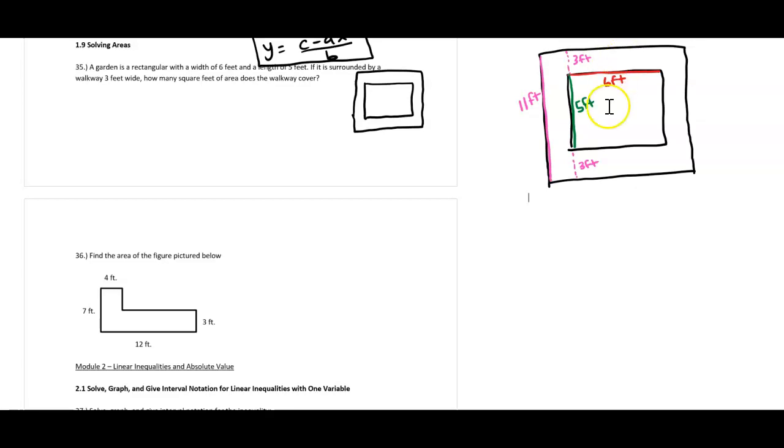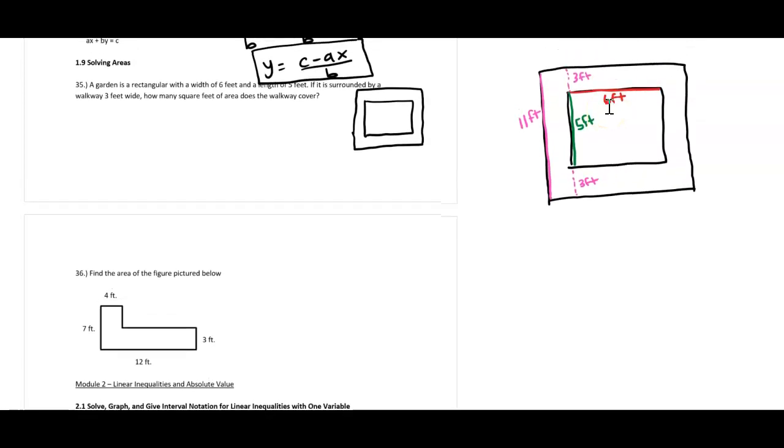Then looking at my other direction, I've got 6 feet here, but again this is 3 feet wide, and this is 3 feet wide. So to figure out the length of this whole side, I'm doing 3 plus 6 plus 3, which gives me 12 feet.